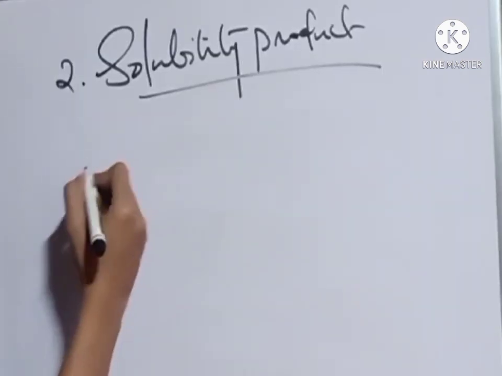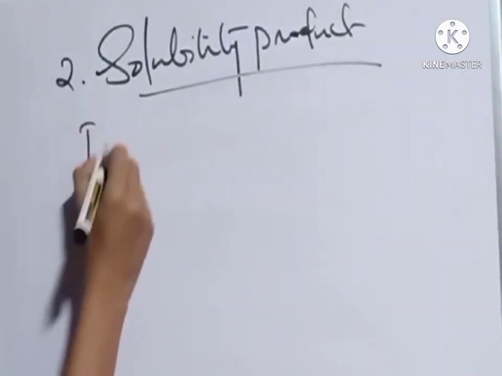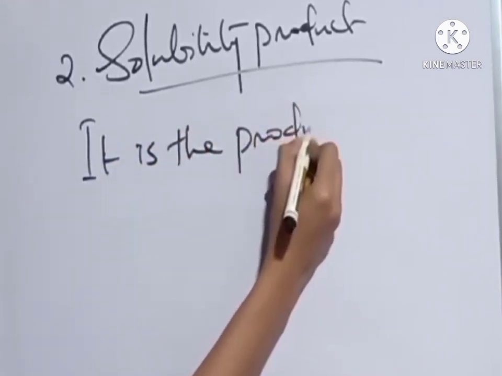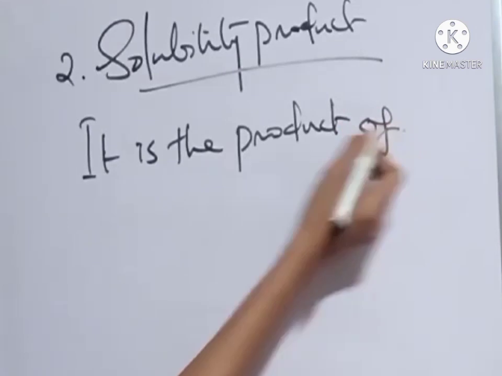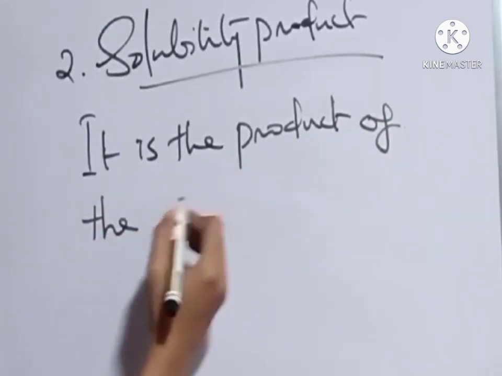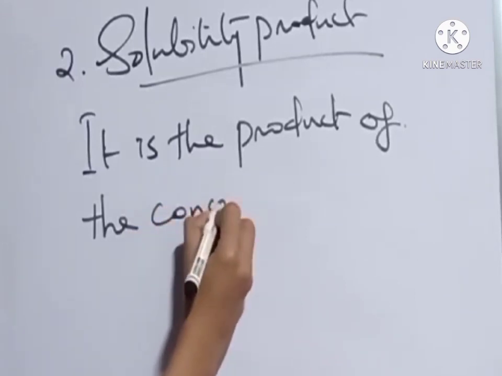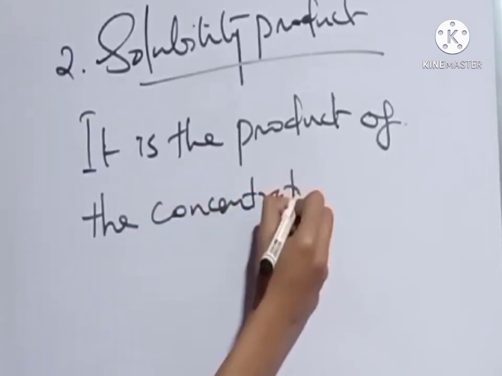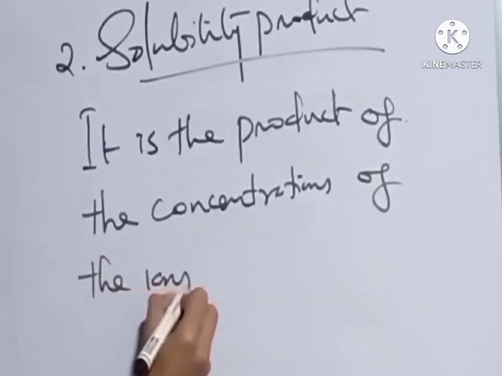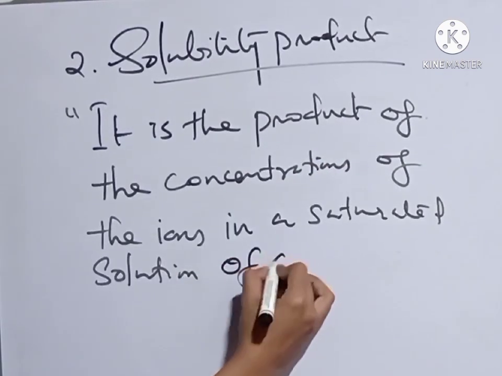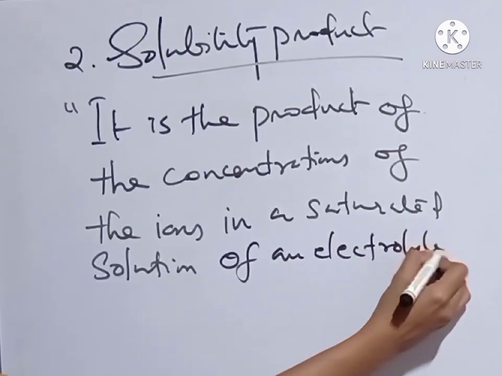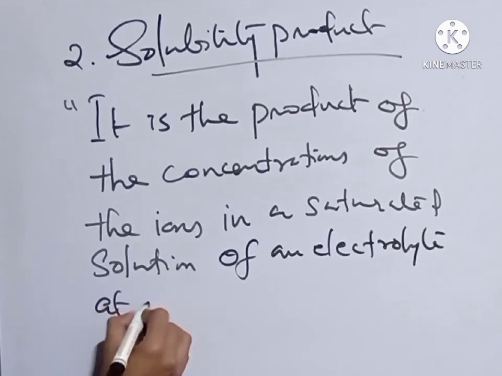So the solubility product is the product of the concentrations of the ions of an electrolyte at a given temperature.